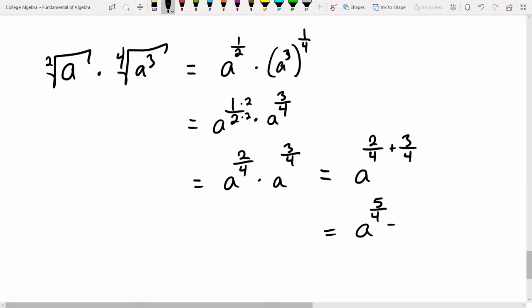And this, you can see, we can break up into a to the 4/4 times a to the 1/4, which gives us a fourth root of a. Because again, 1/4 power is the same thing as the fourth root, and 4 over 4, that's just the power of 1. So we just get a on the outside.